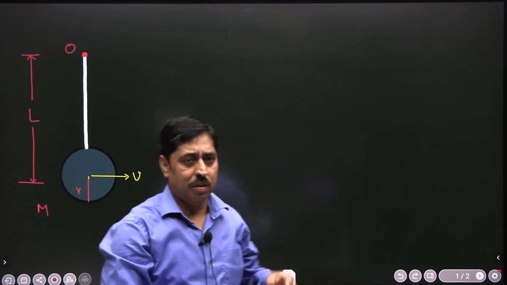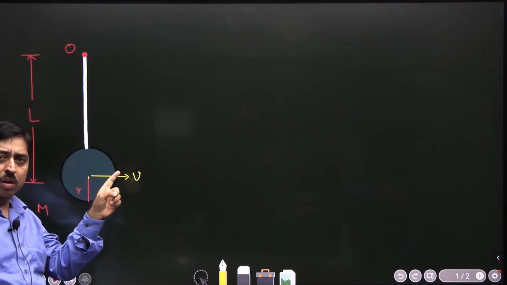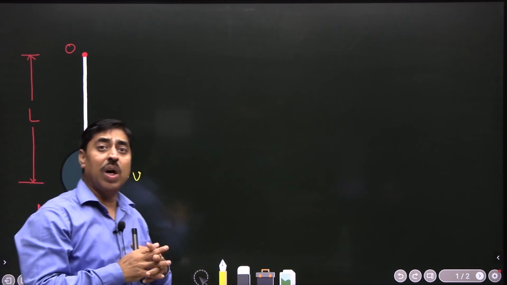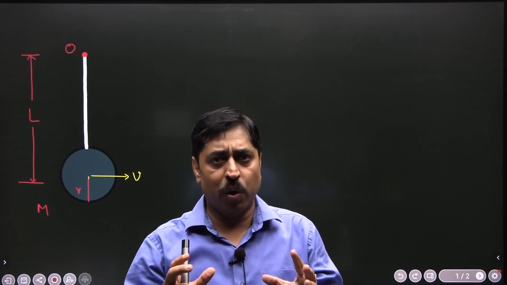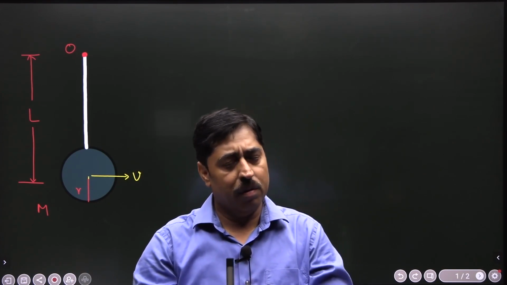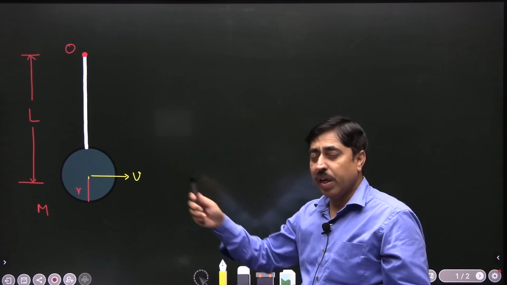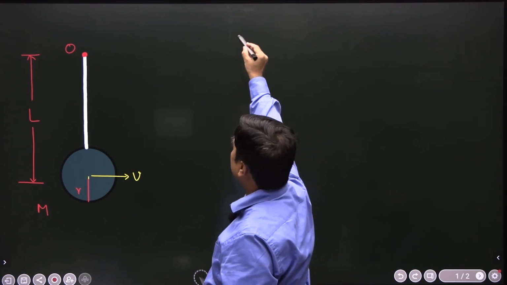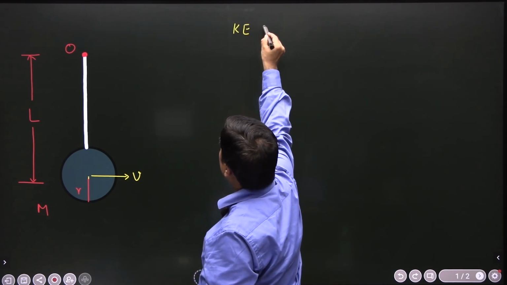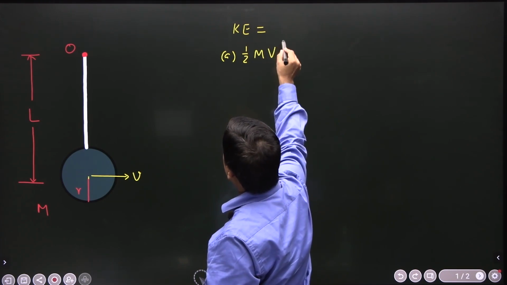Now, what I do is, I just push this pendulum bob, I just push this ball so that its center acquires a speed v. I push the bob and the center point acquires a speed v. Now, I want to ask this question. Immediately after I push the bob, its kinetic energy will be equal to half mv square.